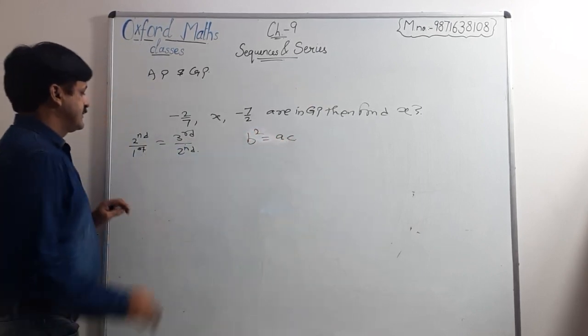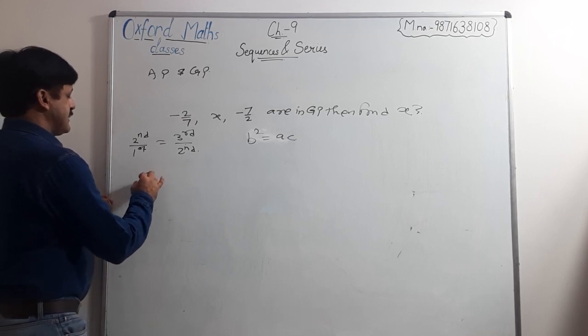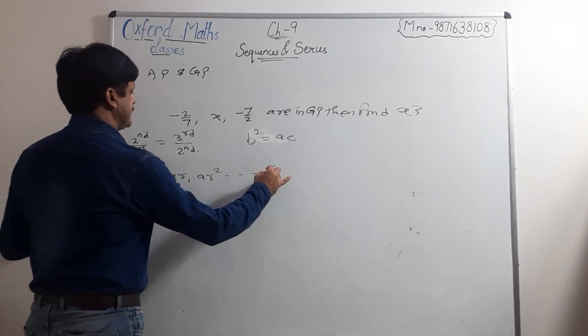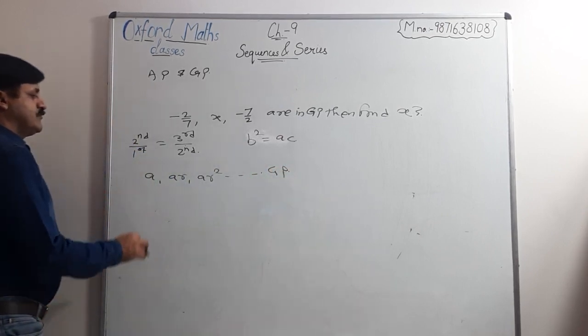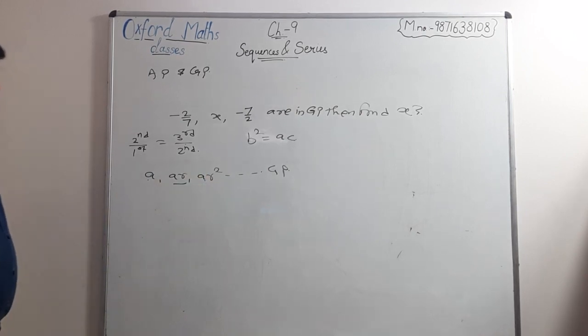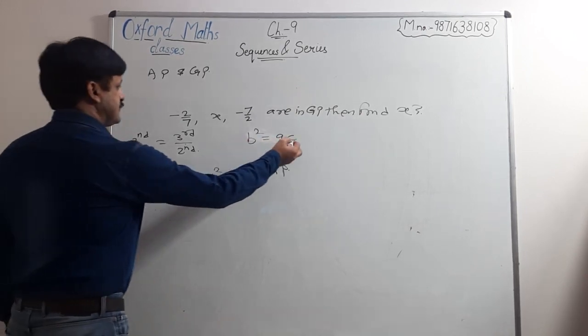Simple, because a, ar and ar square are in GP, then the middle term square is equal to the first term into the third term. So apply b square is equal to ac.